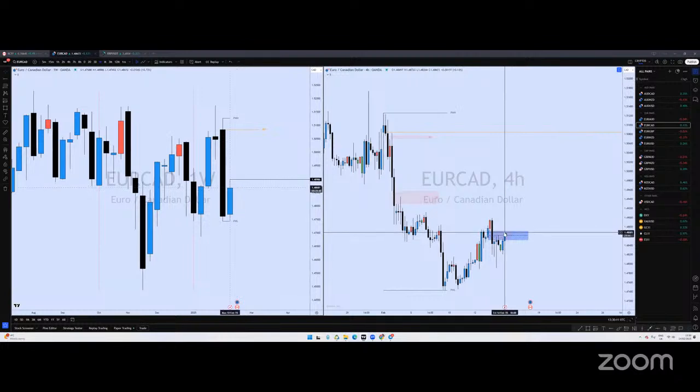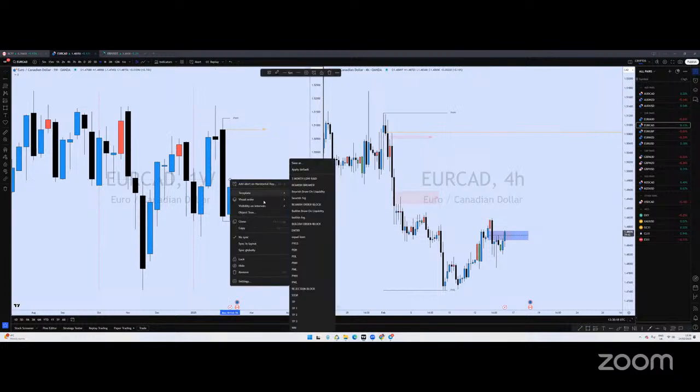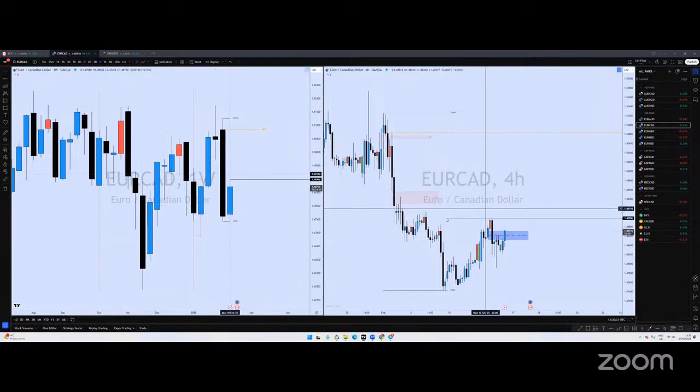Okay, so if they close above this gap here, which is not supposed to happen, if they do, then next week they will come for this high. About 30 minutes to go. So if they close above the gap, then next week they will come for this high, and that will be no good.